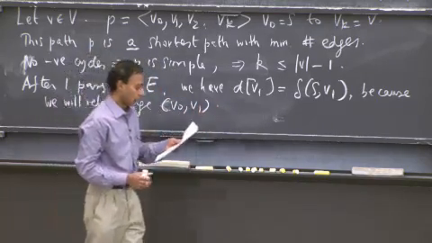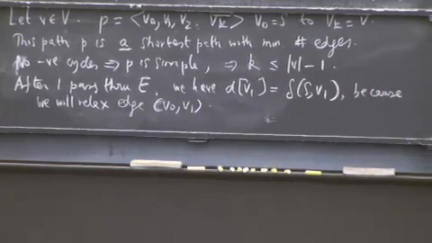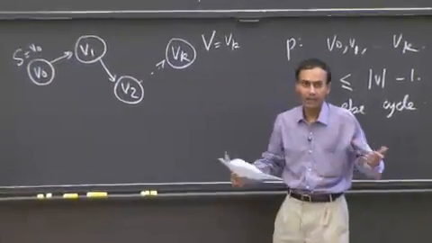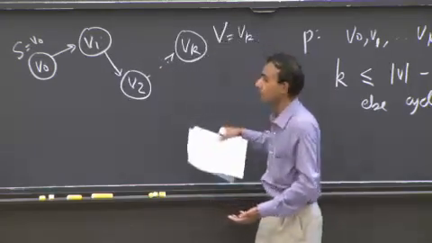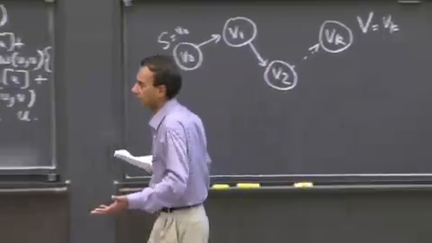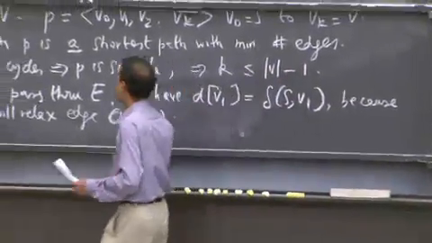And we can't find a shorter path than this path, because otherwise we'd violate the optimum substructure property. That means it's a contradiction that we selected a shortest path in the first place. And so we can argue that we have delta SV1 after the first pass.